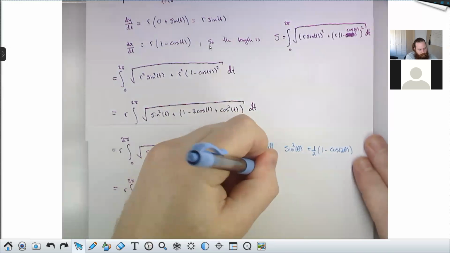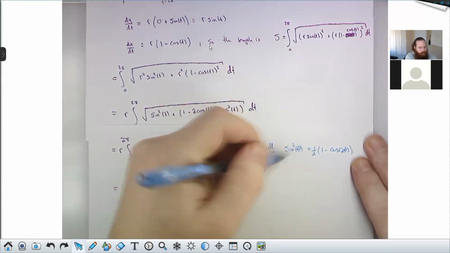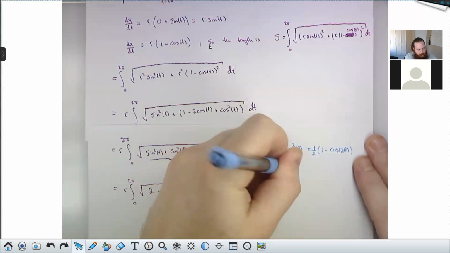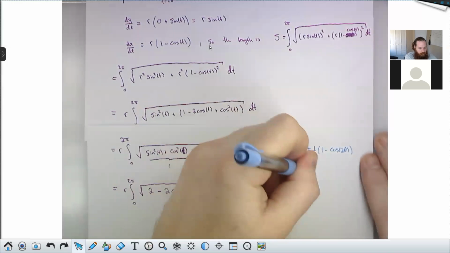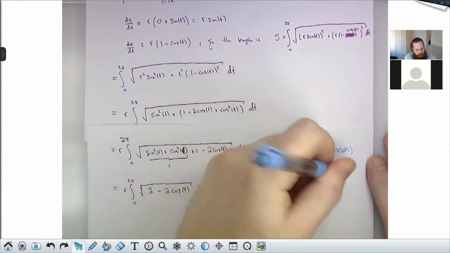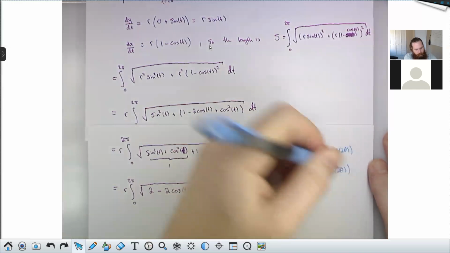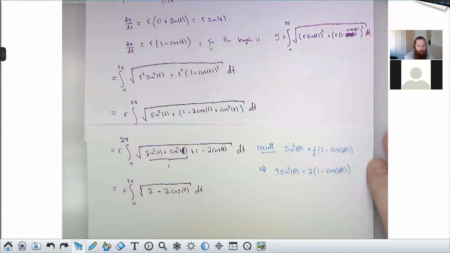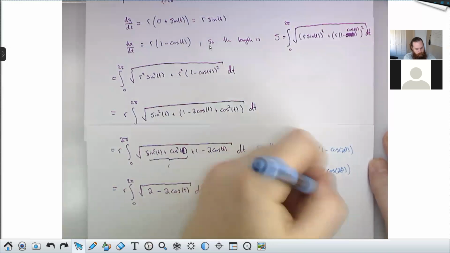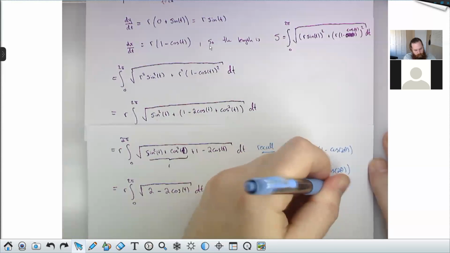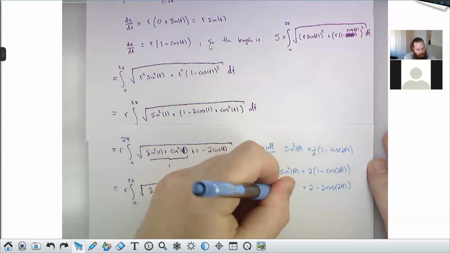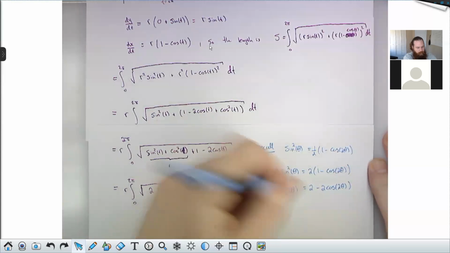We're going to use a half angle identity here. This implies that 4 sine squared theta is 2 times 1 minus cos 2 theta, which is 2 minus 2 cos 2 theta. So that's 4 sine squared theta.